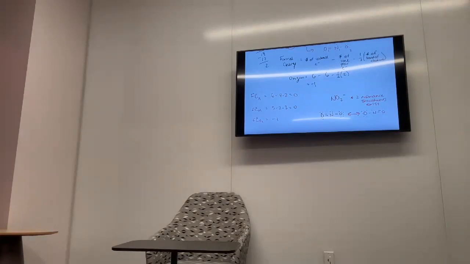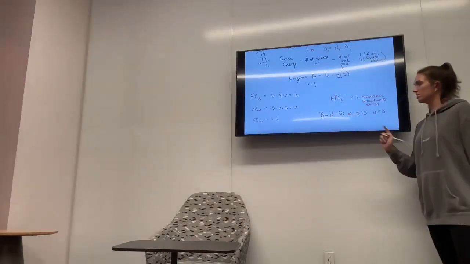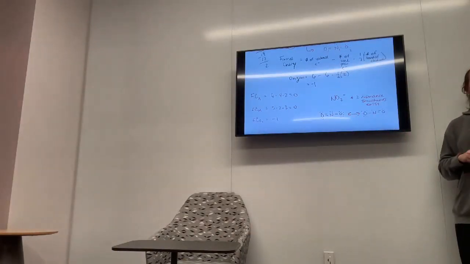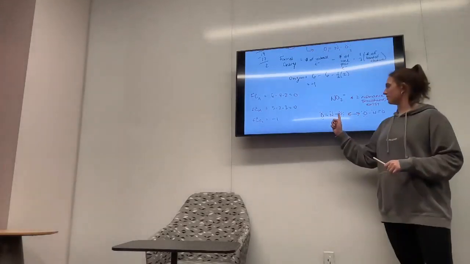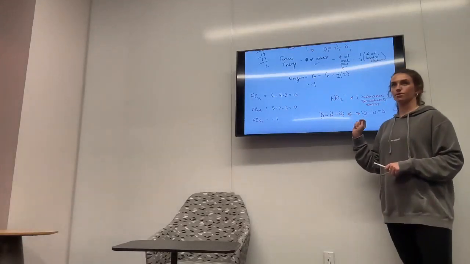Okay, what questions do we have on that? Okay, so these are our 2 resonance structures. What's going to be the bond order of your bonds here? What's the bond order if we just look at this single bond between nitrogen and oxygen?